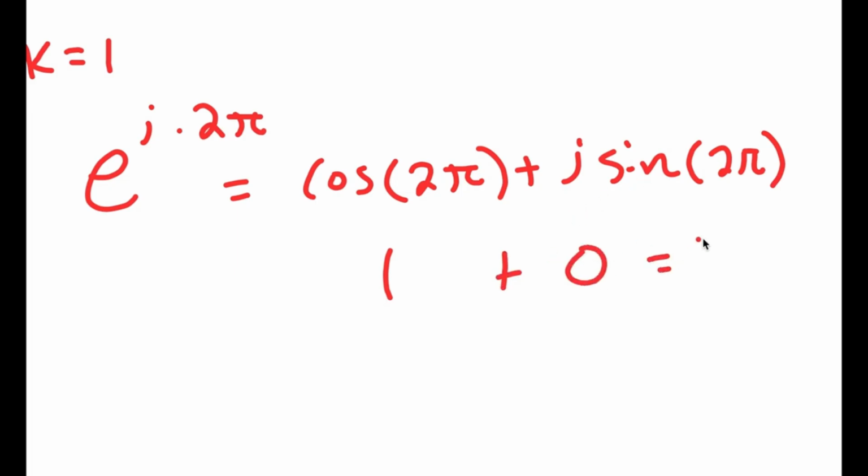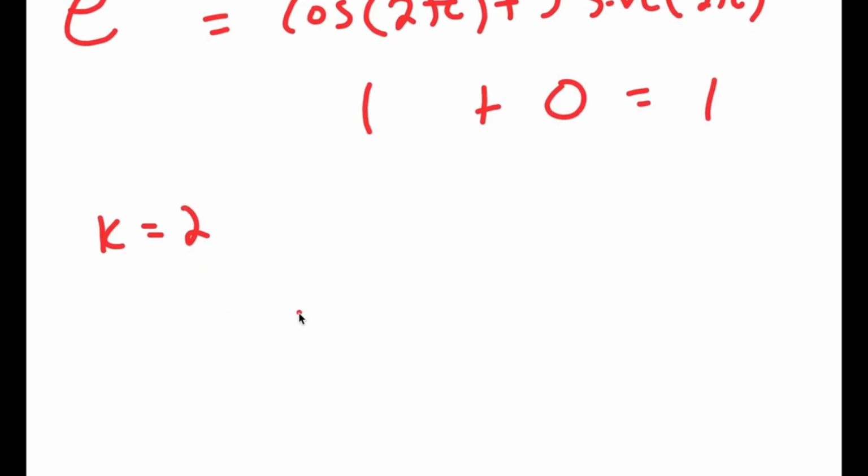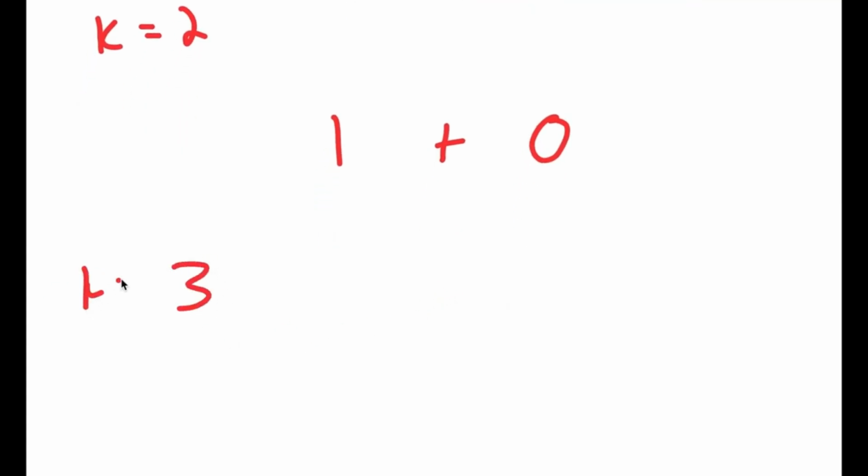So I get this is equal to 1. Now, if k is equal to 2, I would get cos of 4 pi plus i sine of 4 pi. Cos of 4 pi is 1, and i times sine of 4 pi is again 0. And if I do the same thing with 3, I would again get 1 plus 0.